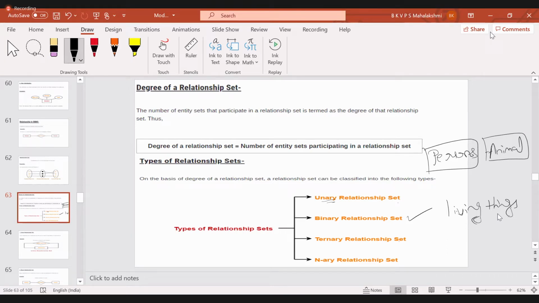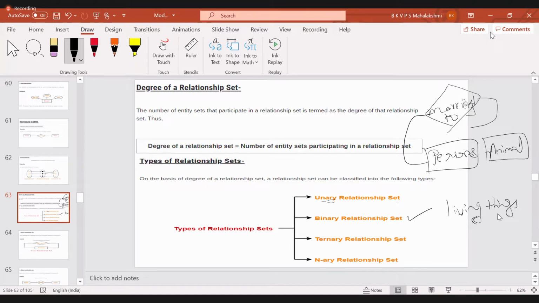So now, if I have taken the relation is married or married to, so a person will be married to whom? Person only or to some other entity? Anything's possible nowadays, ma'am. What? Person, ma'am.